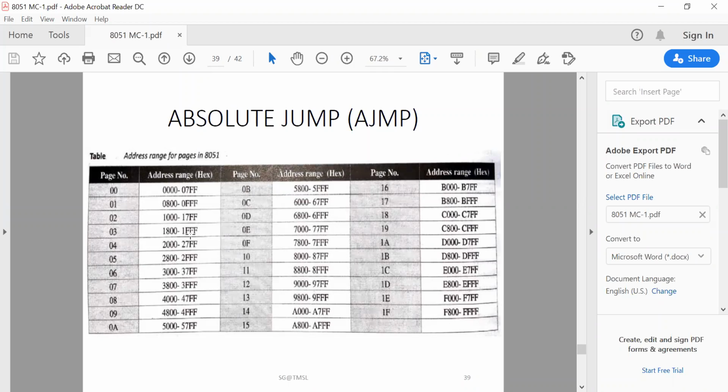So they represent page number 2, and throughout the page these bits are the same. Now a jump instruction can jump within a page of 2 kilobytes.